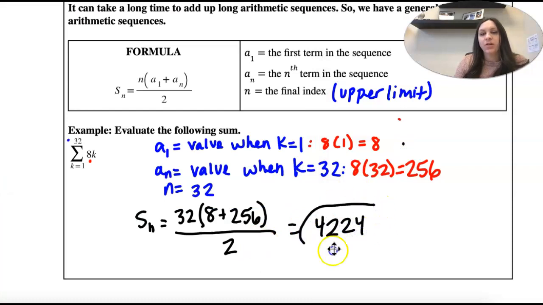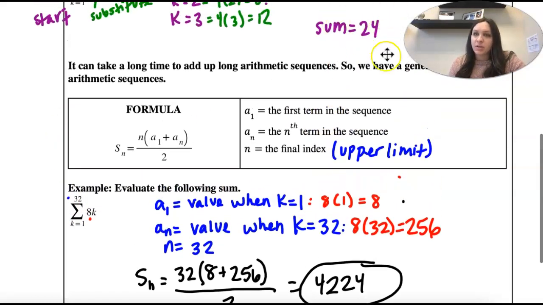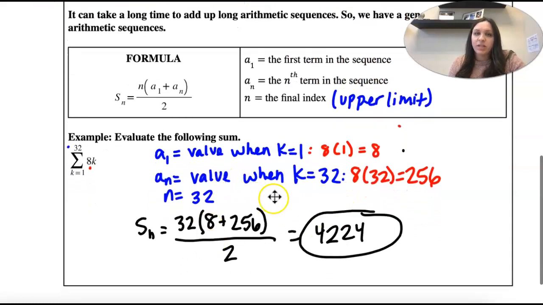So we could have gone through and learned k equals 1, k equals 2, k equals 3, all the way up to 32 times, and then added all those numbers up like we did up here. But this formula tells us if we were to do that, our total would be 4,224.